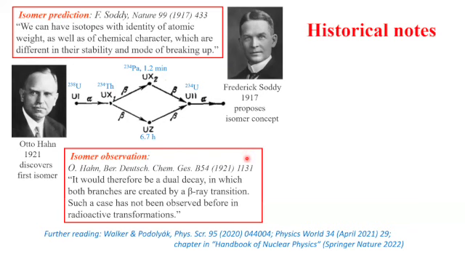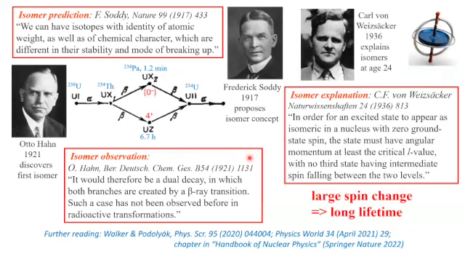And some years later, von Weizsäcker of the semi-empirical mass formula fame, when he was only 24, hypothesized that isomers could be formed due to angular momentum changes, and there could be large differences in angular momentum between the initial and final state.